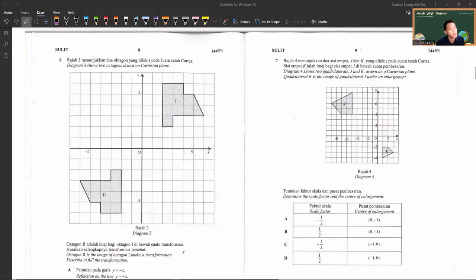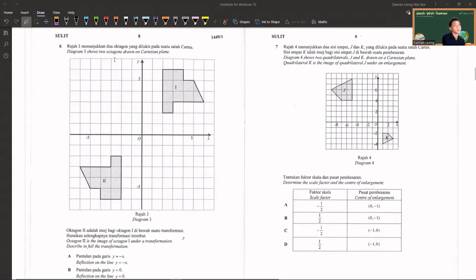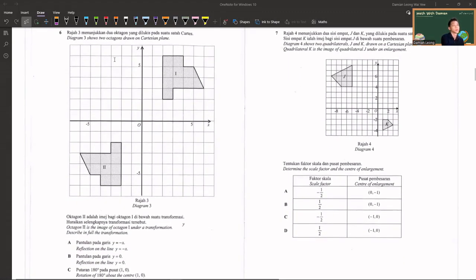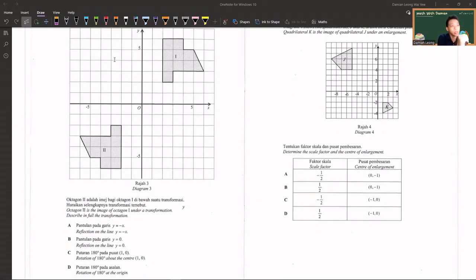So question 6. Rajah 3 menunjukkan 2 oktagon yang dilukis pada suatu satah kertas. Dari 2 bentuk ini, kami ingin lihat apa transformasi. Oktagon 2 adalah imej bagi oktagon 1 di bawah 1 transformasi.